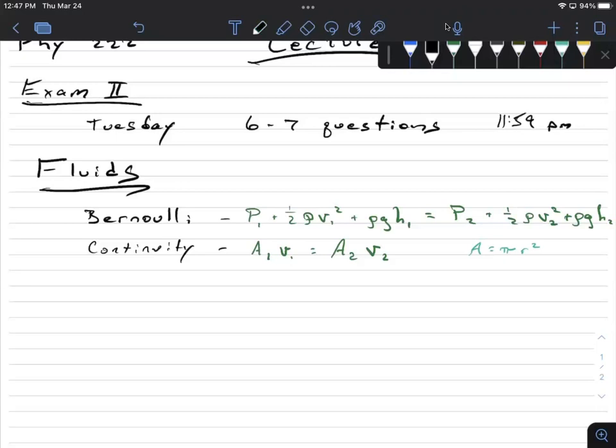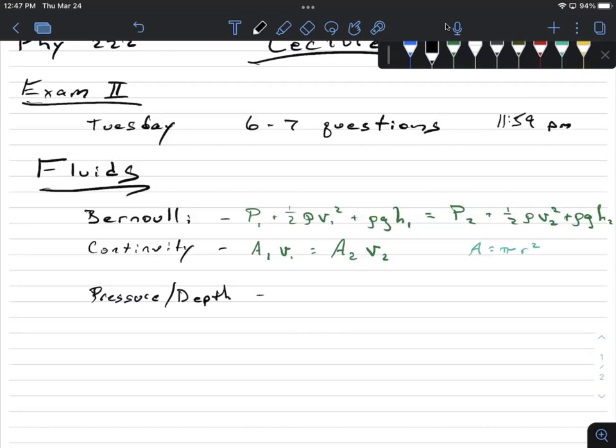Then another topic we have is how the pressure acting on an object changes as it goes down in depth inside of a fluid. And so that's the pressure depth relationship. And what it says is quite easy.